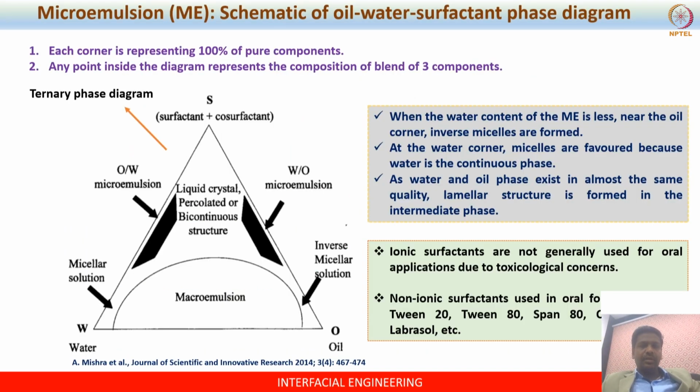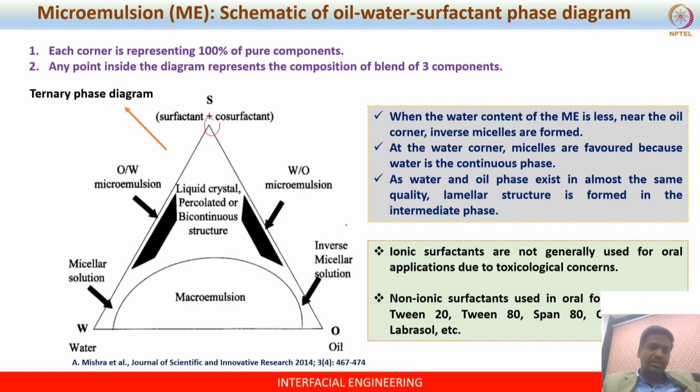Here we will look at the ternary phase diagram, the three-component phase diagram of microemulsion involving surfactants, water, and oil as components. For brevity, let's understand that each corner represents a pure component.